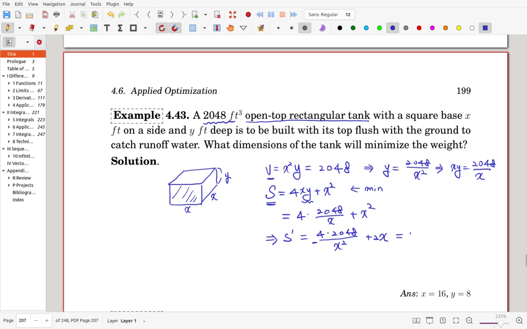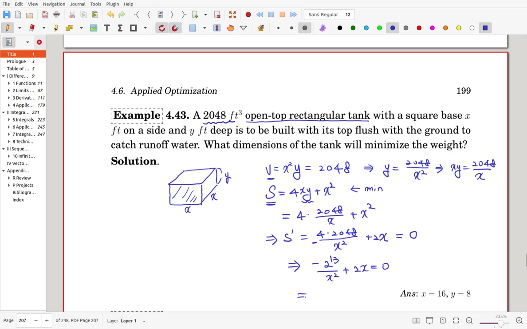If we set it to 0, then we can find the solution. 2048 is 2 to the 11, so it can be written this way: minus 2 to the 13 divided by x squared plus 2x equals 0.